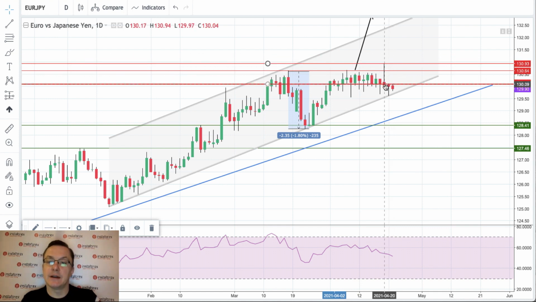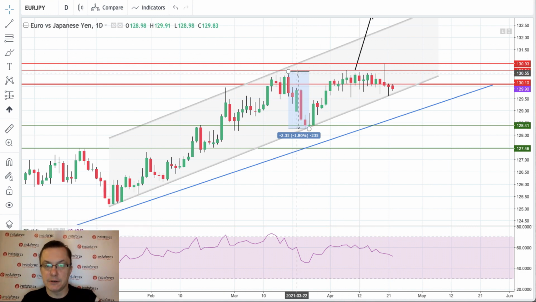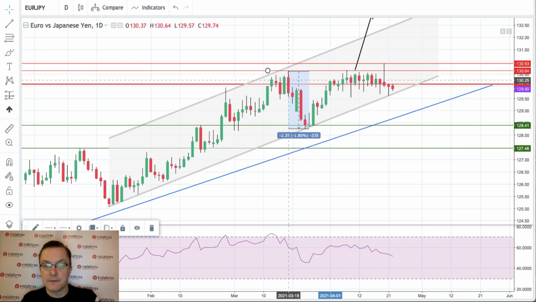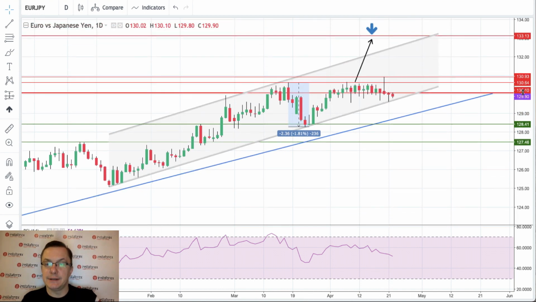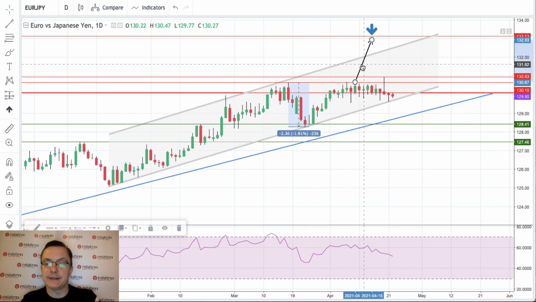It's not a shooting star because it's not directly on the end of this trend up. It's supposed to be here to be considered as a shooting star, but it's not. So we will consider it as just a regular pin bar. Nevertheless, it still gives us the information that this upper move towards 133.13 is no longer that easy.